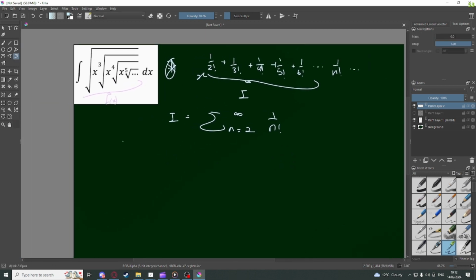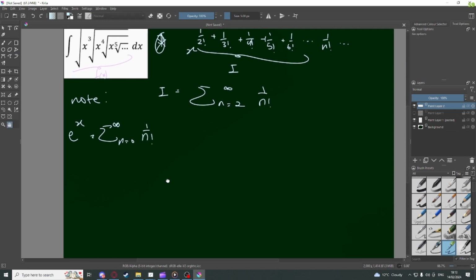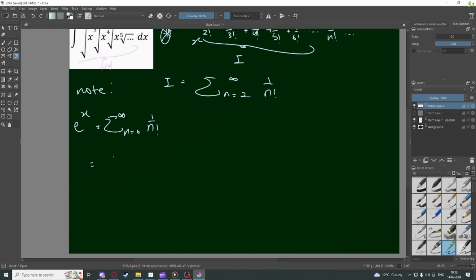And just a side note, e to the x, right? This function can also be represented by its Taylor series, the sum from n equals 0 to infinity of 1 over n factorial.